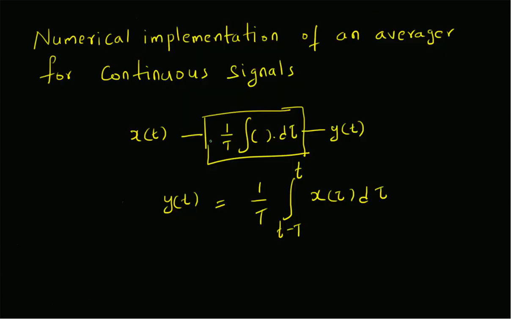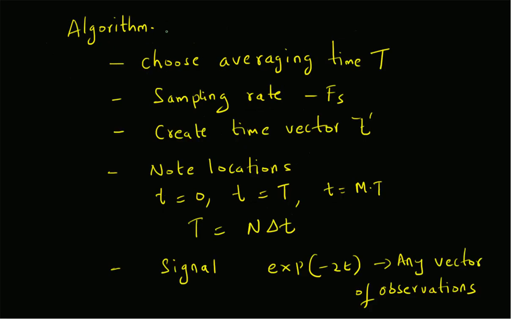To summarize, in this video we have looked at the numerical implementation of an averager for continuous signals. That is, we want to implement the formula y of t is equal to 1 by T times the integral from t minus T to t of x of tau d tau. That is a running average of finite duration of a signal, and we developed an algorithm for this purpose.